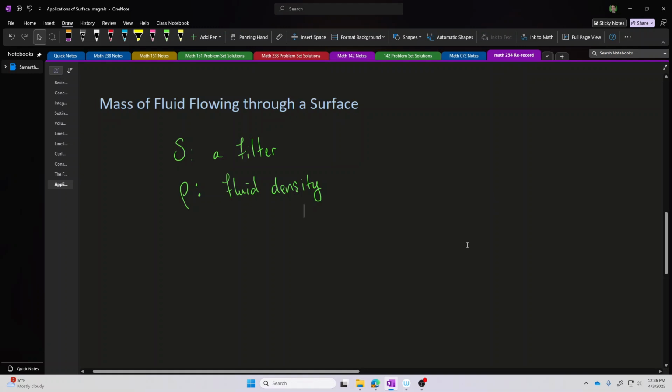And you have some vector field, let me call it V, that represents the velocity of the various fluid particles in this moving water, this moving air, this moving whatever you're dealing with.